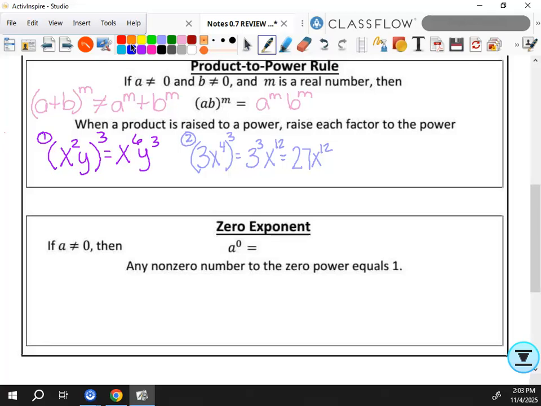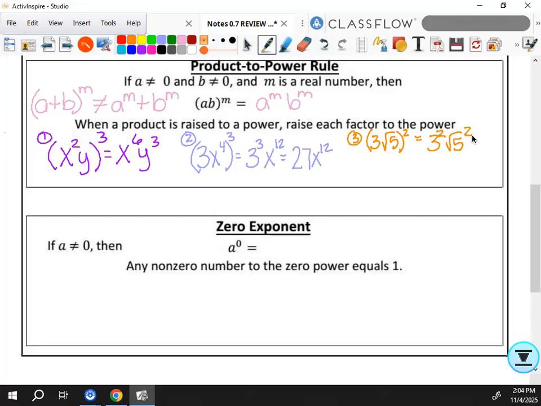Then, what if I have 3 square root of 5, squared? Okay. So that's two things being multiplied inside. So I'm going to distribute that square. So that's going to give me 3 squared times the square root of 5 squared.